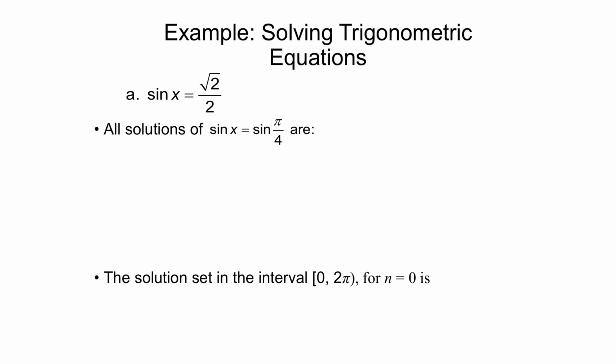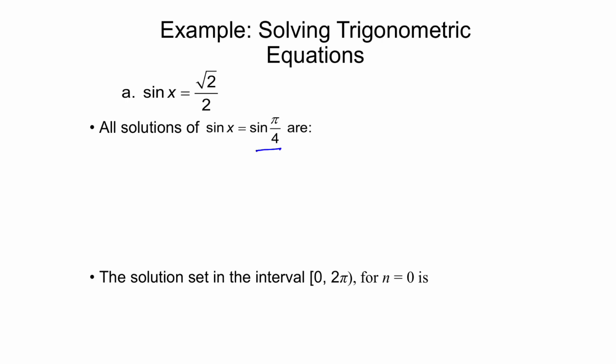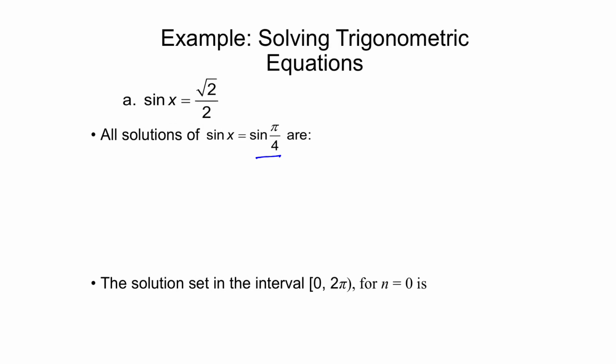So let's use that formula we had in the table there to come up with all the solutions. So the solutions for sine of pi over 4 giving us root 2 over 2, we already have one of them. We have pi over 4.